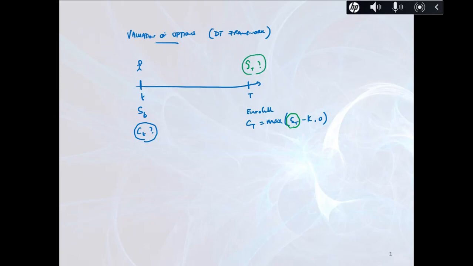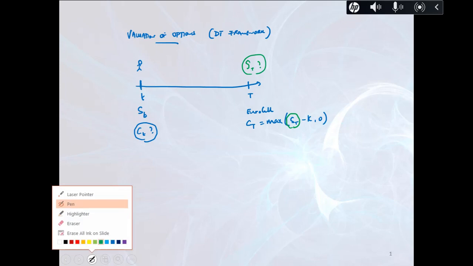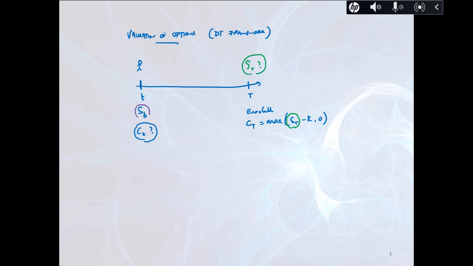So the key question is how to get from here to here. In the discrete time framework, we use the binomial tree lattice.